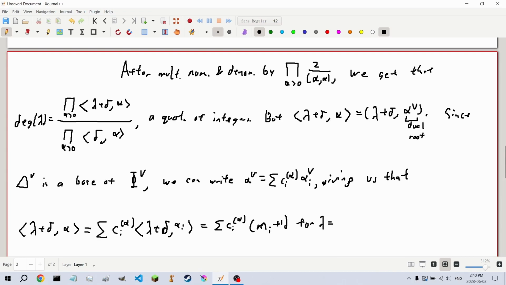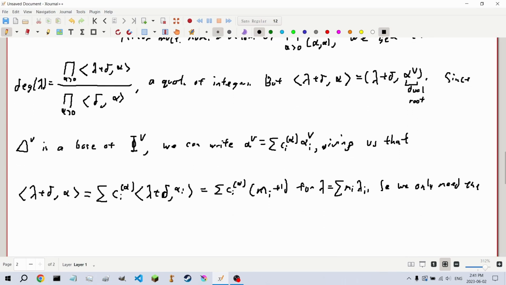These m_i come from splitting up lambda into m_i lambda_i. So we only need to compute the integers c_i alpha.